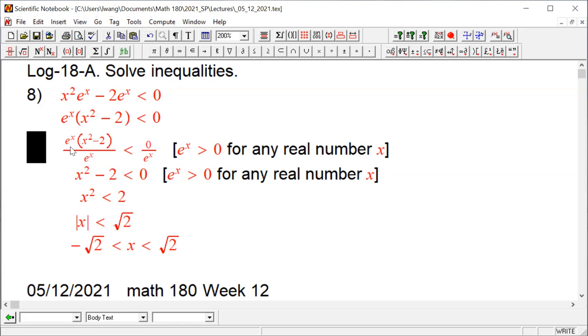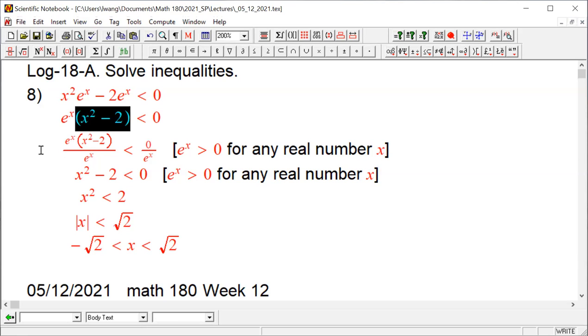And you don't need to show this step, because logically you can also say if a positive number multiplied by another unknown number is negative, then this unknown number must be negative.